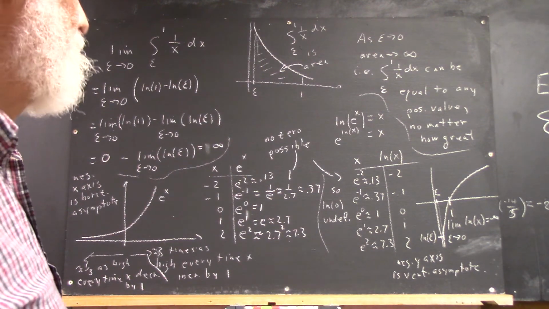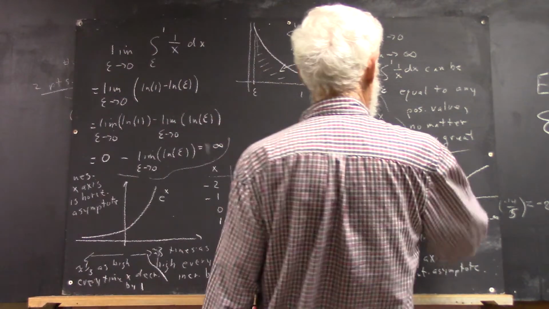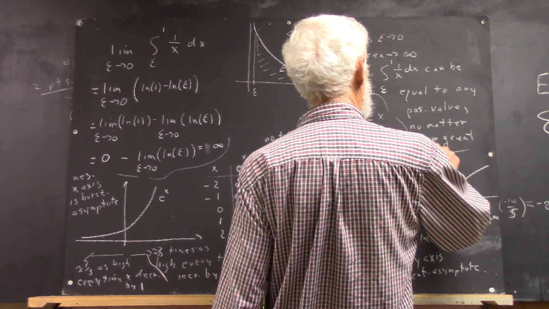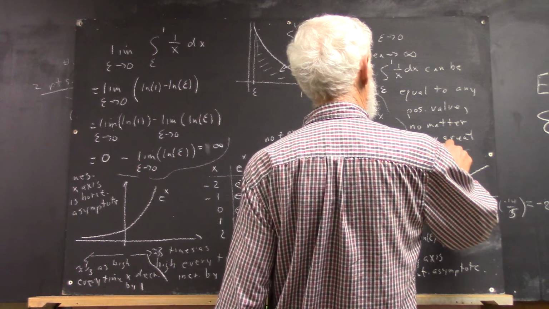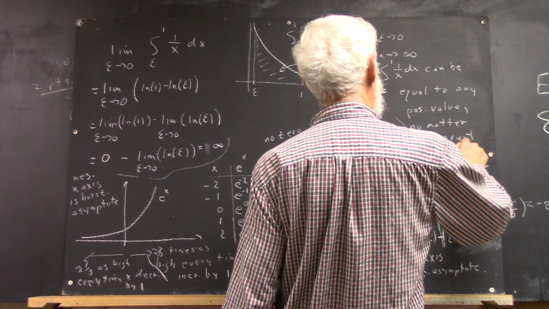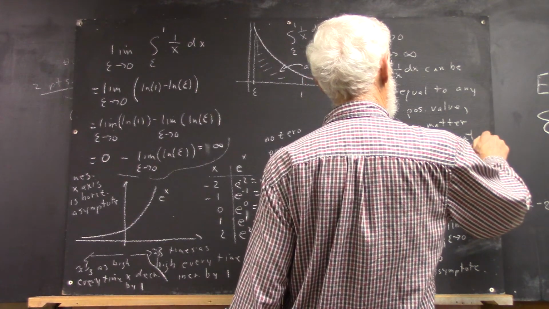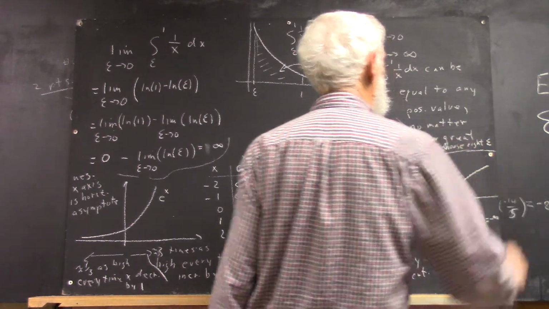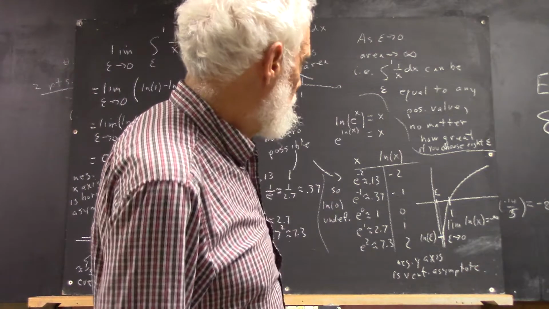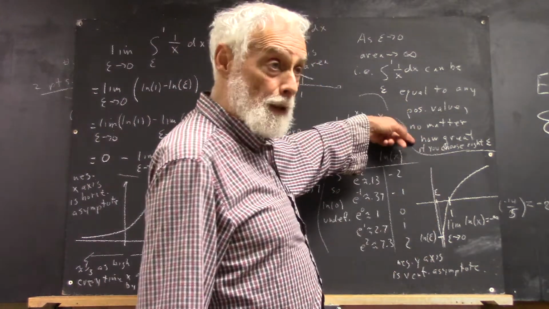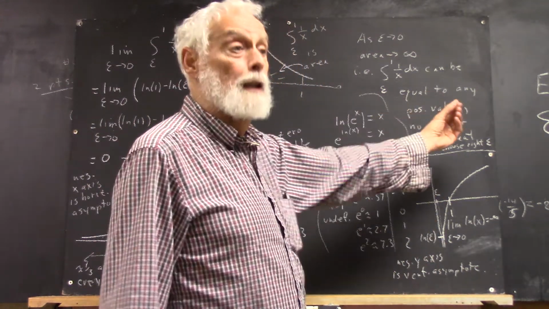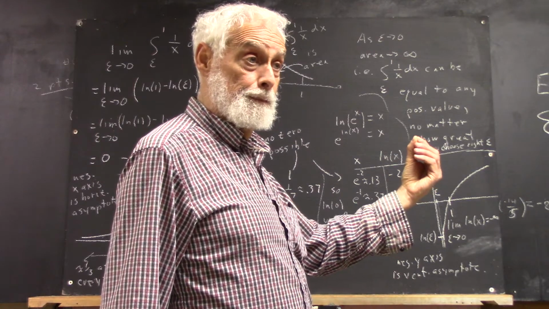Okay? I probably should have said that. If you choose the right epsilon. Or more importantly, it can exceed any number, no matter how great, just by letting epsilon be small enough. Okay?